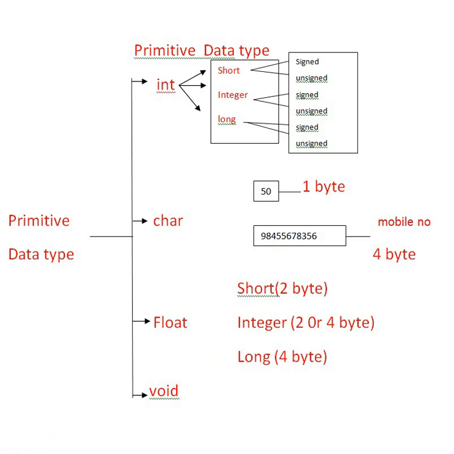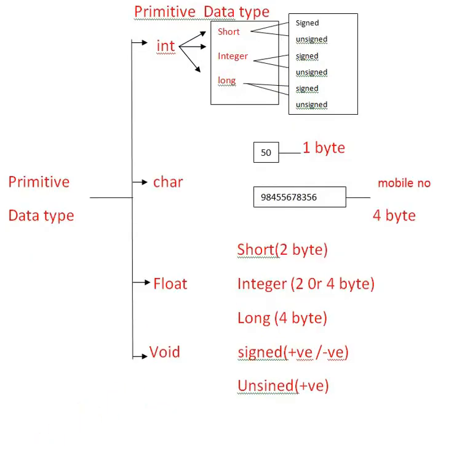After that go to char. But before going to char we have to see signed and unsigned. What is signed and what is unsigned? A signed integer means positive or negative values, both are allowed. In our program in some cases we use negative values, in some cases positive values.